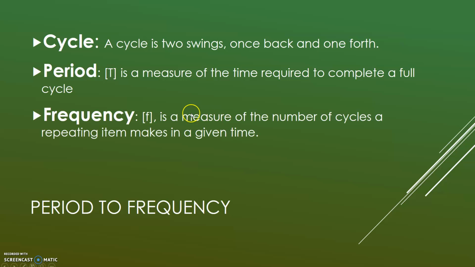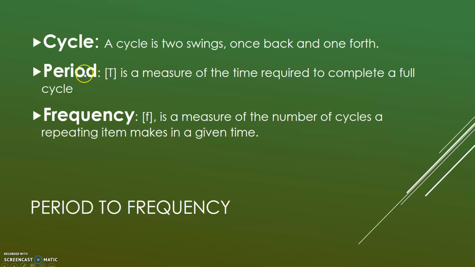Frequency, symbolized by the letter F, is the measurement of the number of cycles in a given amount of time. Now, the relationship between period and frequency: they are inversely related to each other, meaning that frequency is equal to 1 over the period, or 1 over T. Period then is also equal to 1 over F, the frequency.